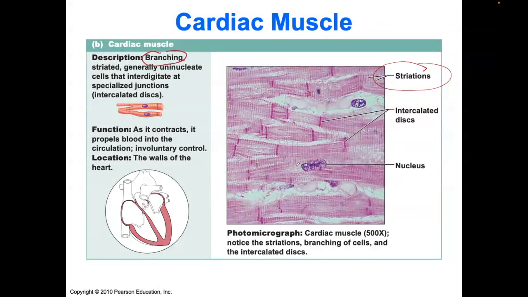And the other unique characteristic of cardiac muscle are these things called intercalated discs. These vertical lines are called intercalated discs. They're specialized junctions. Remember cell junctions? You probably read about it in week one.